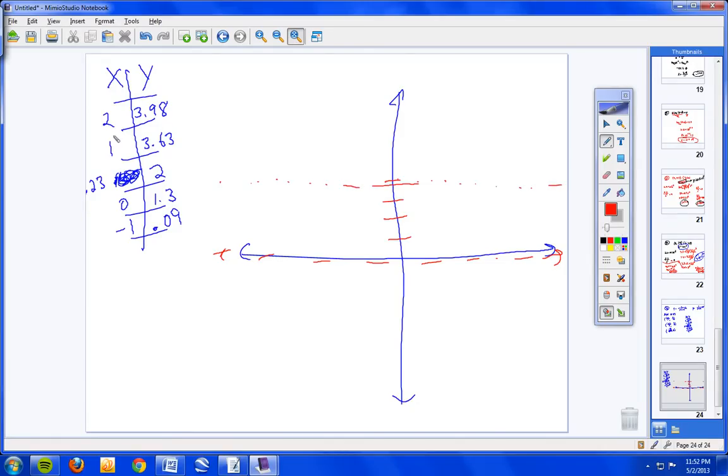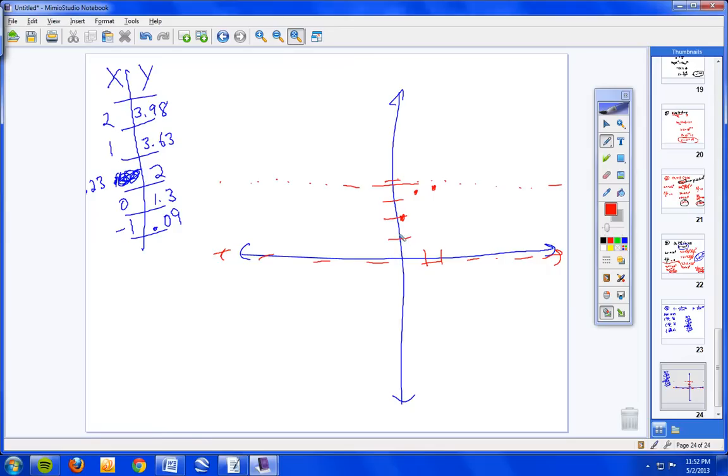All right. Let's see. 2 is almost to 4, so 3.98. And then 1 would be 3.63, maybe a little lower, and then 0.23, which is right here, would be at 2.